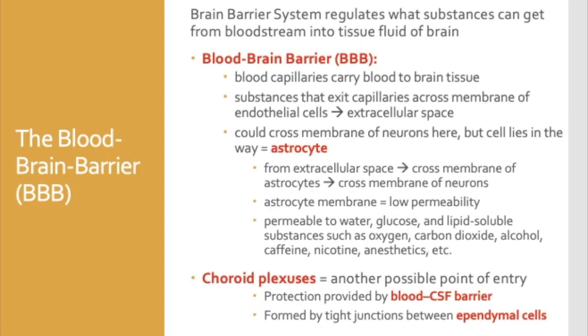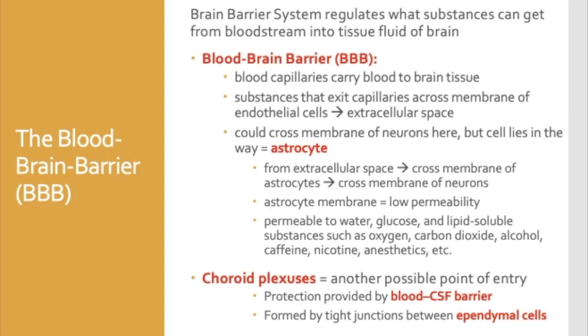Those things can come across the astrocyte membrane and then gain entrance into the brain tissue. But other things are prevented from going into the neurons because of those astrocytes. They create this barrier to entry around the brain, helping to protect the brain from things that might be toxic to it.